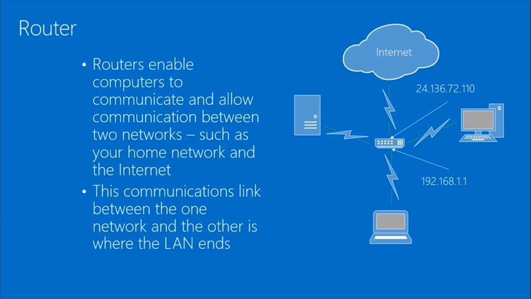The block on the left is typically a server. The one on the right with the monitor and the block is a computer, and the basic one on the bottom is a laptop. So we talk about documenting your network. This is the type of icons that you'll use to document your network.